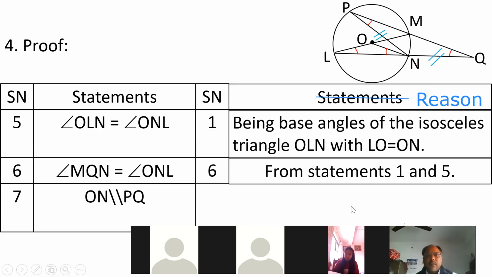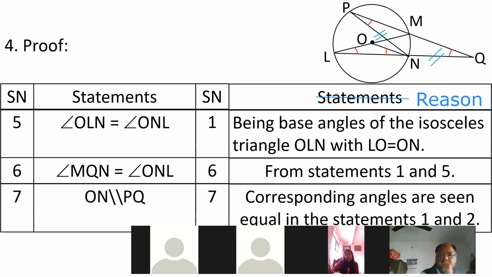So we can say these two angles are equal. These two are corresponding angles. We have seen this just like the letter F, corresponding angles, this and this, in the pair of lines ON and MQ. So we can say ON is parallel to PQ because corresponding angles are equal, from statement 6, not 1 and 2.